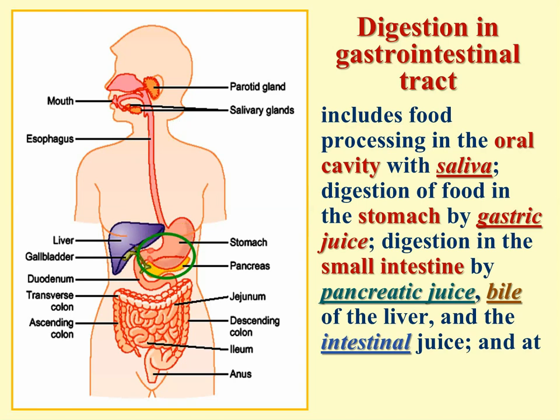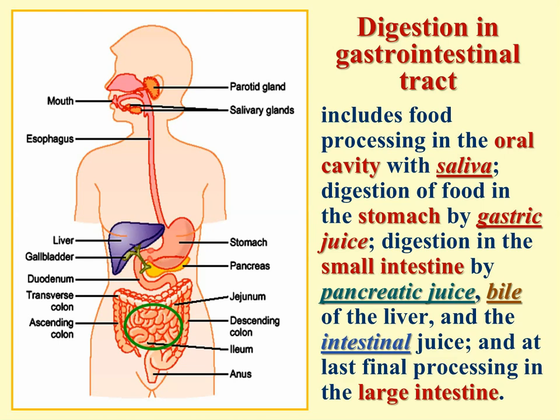Next, chyme goes to the intestines, where it becomes processed due to pancreatic juice, bile, and the intestine's own juice. Therefore, all three juices participate in step-by-step digestion of chyme inside the intestines. And final processing occurs in the large intestine. For this lecture, we are going to concentrate on the digestion in the oral cavity and the stomach.